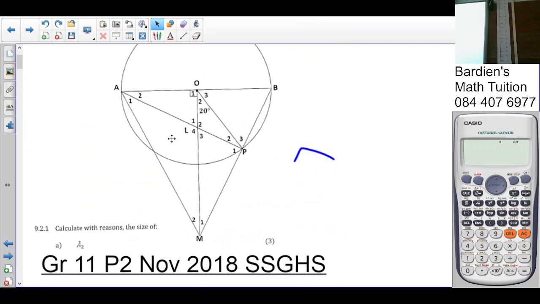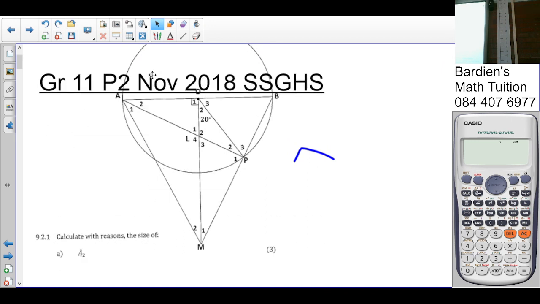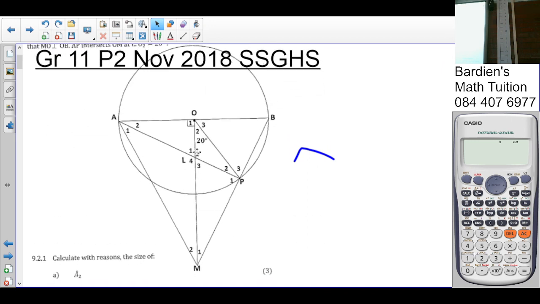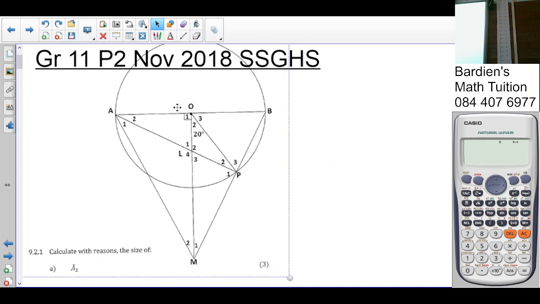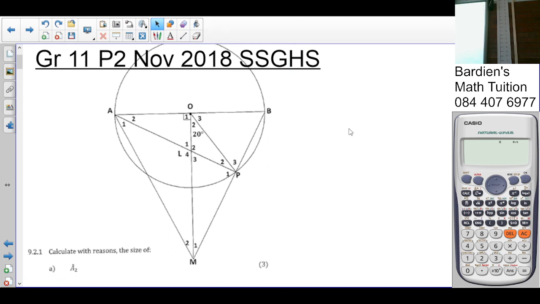So the first question says, in 9.2.1, calculate with reason the size of A2. So A2 is here, not so?